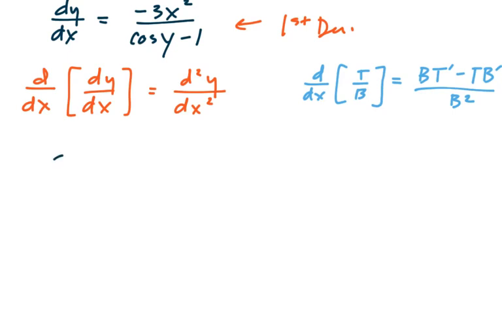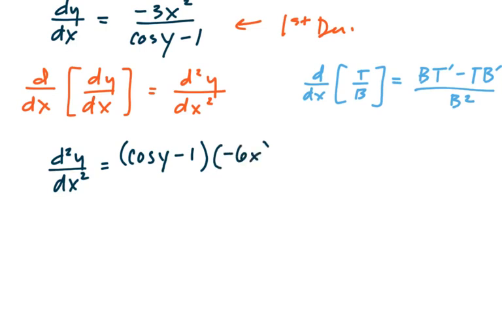So in this case, d2y/dx squared. My bottom is cosine y minus 1. The derivative of my top, 3x squared, is negative 6x, minus negative 3x squared.